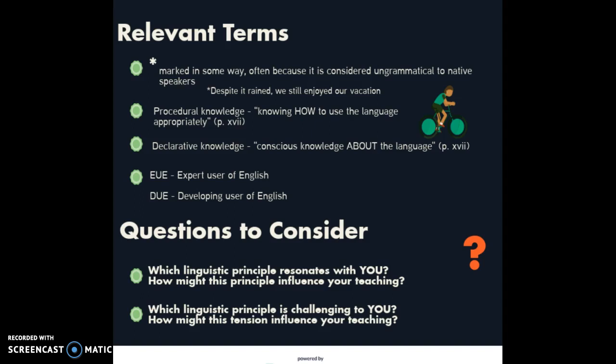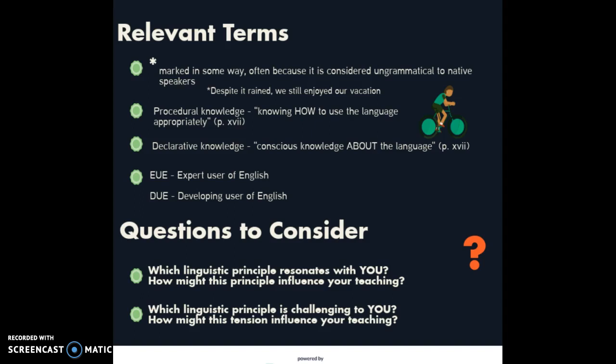Endley talks about procedural knowledge, and that's knowing how to use the language appropriately. He uses the metaphor of riding a bicycle. We might know how to ride a bicycle, but not understand the physics of how we balance. And as competent speakers of English, we have a lot of procedural knowledge, but not always declarative knowledge, which is the conscious knowledge about the language.